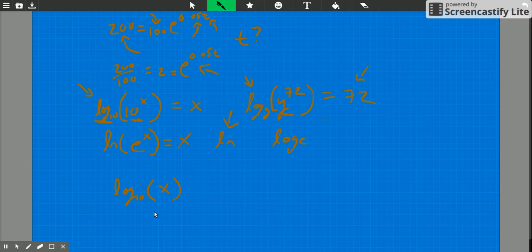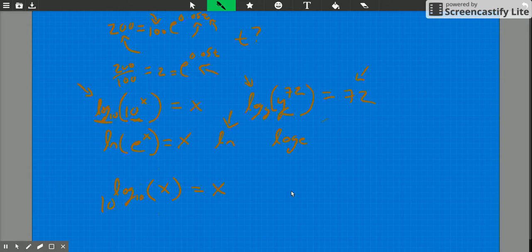Well, it turns out if I raised the base 10 to this whole term, it effectively undoes the log. This is what would give me x. So I pick the exponential with the same base as the log. In other words, an exponent with base b will undo a log of base b, just as we've seen here.